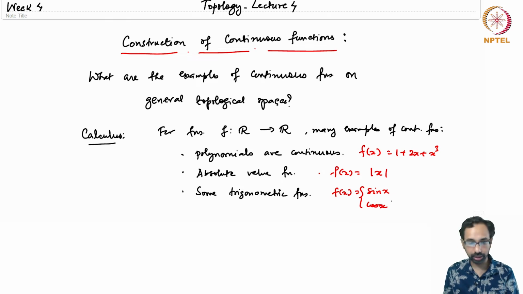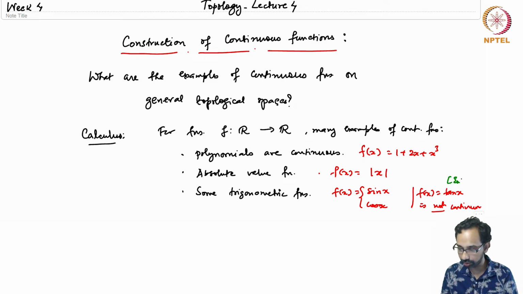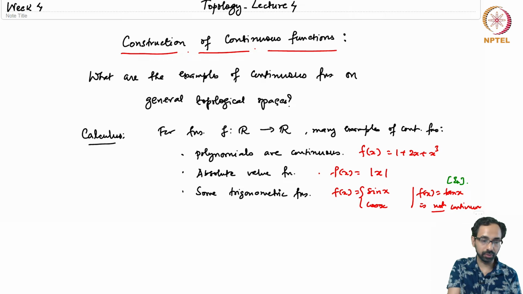However, note that tan x is not continuous. I leave it to you to think why this is so. This is an exercise to show that tan x is not continuous.